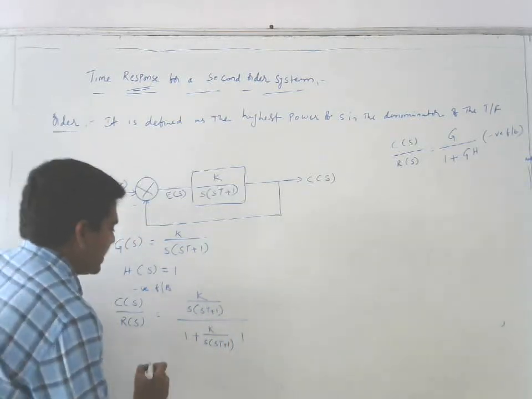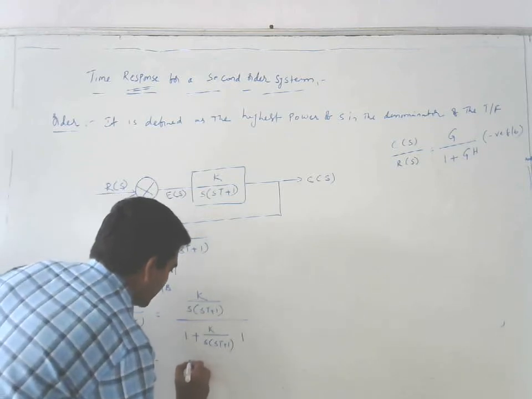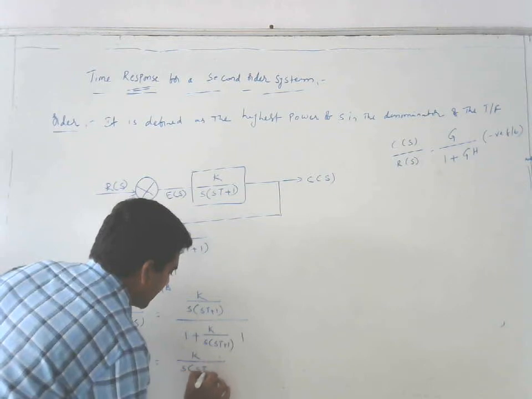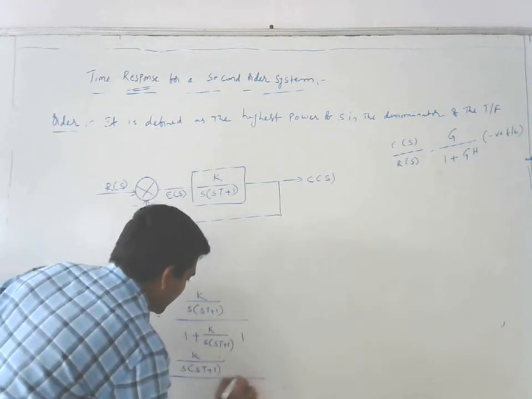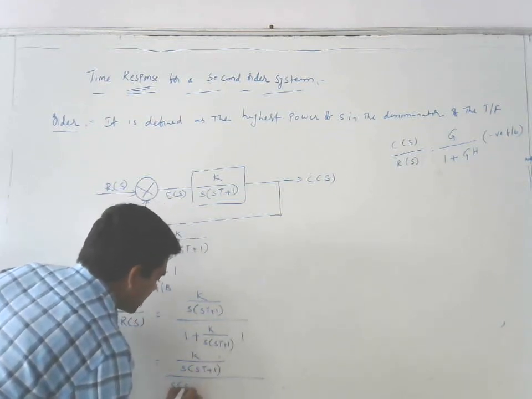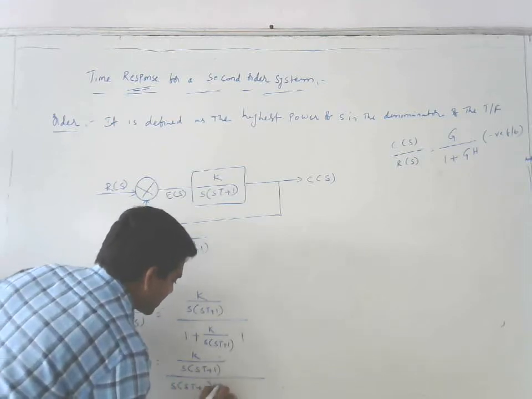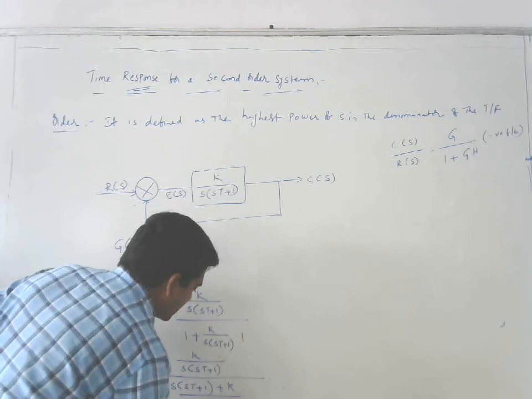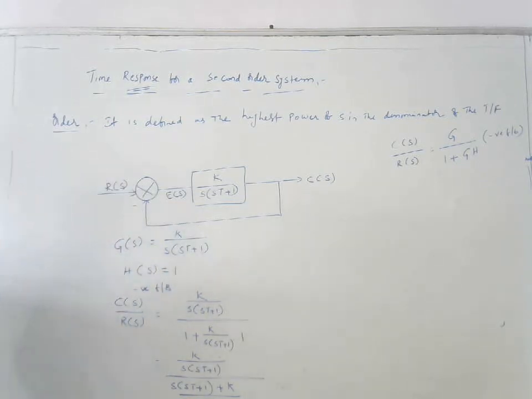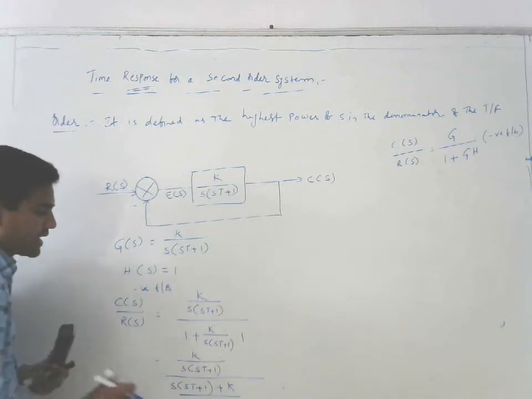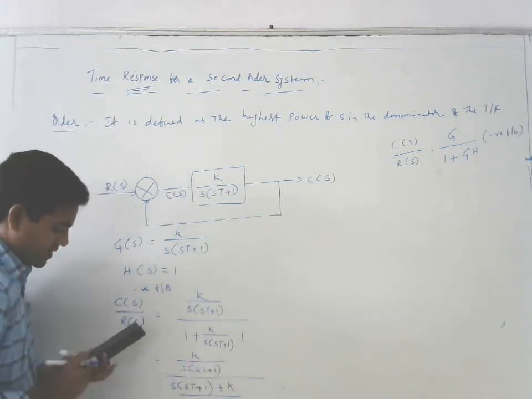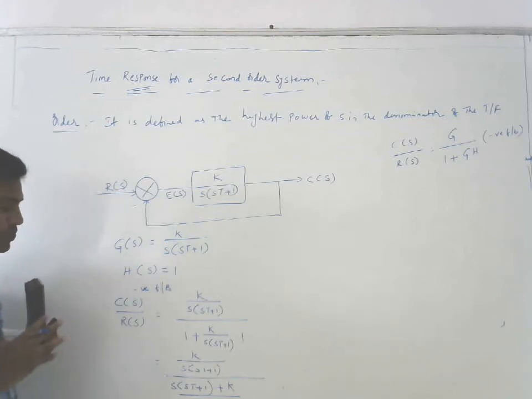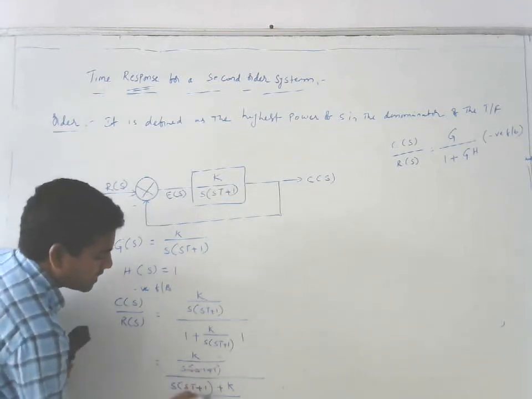Now if I simplify this, we get K divided by S into (ST plus 1), whole divided by S into (ST plus 1) plus K divided by S into (ST plus 1). Here the two denominator values will cancel.